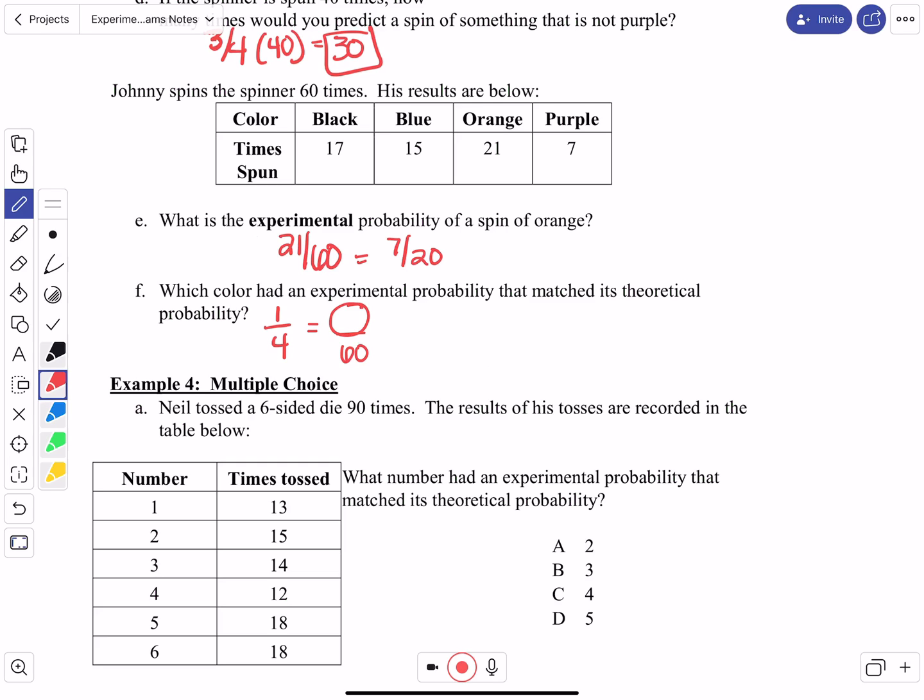So you could just do 60 divided by 4, and that's going to be your number that goes on top. So 60 divided by 4 would be 15. And the number that's 15 is your blue. So that would be your answer to F, because 1/4 equals 15 over 60.